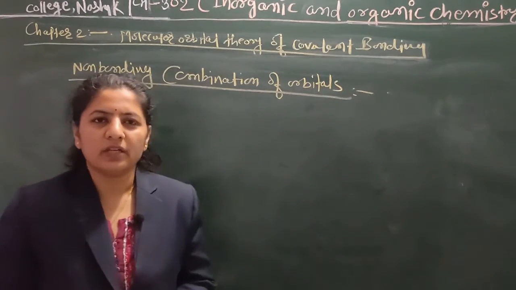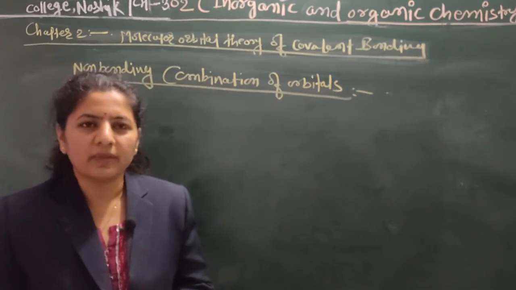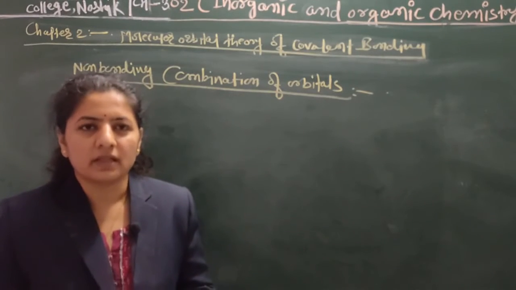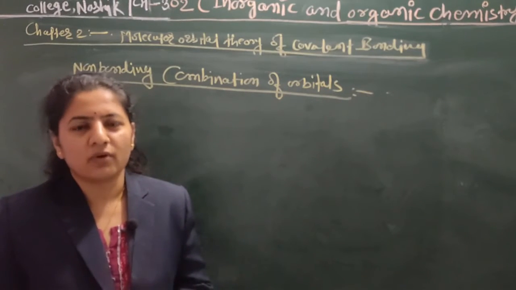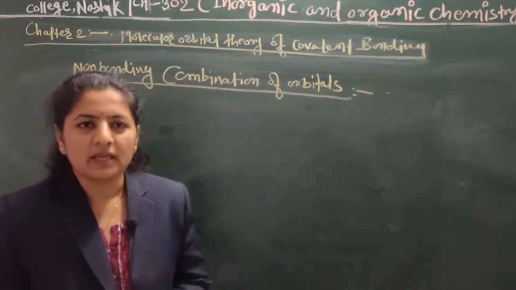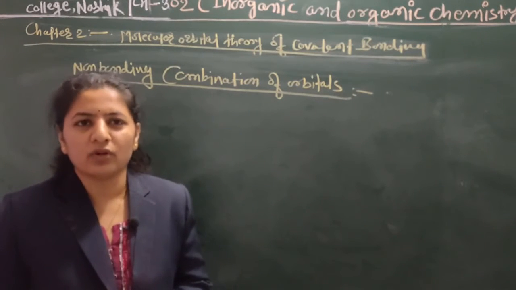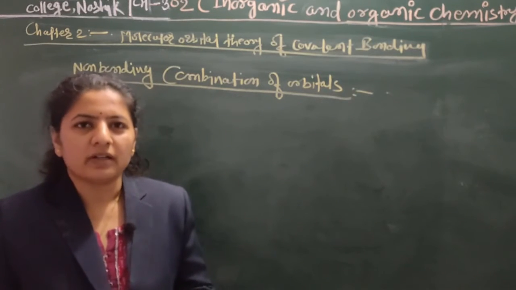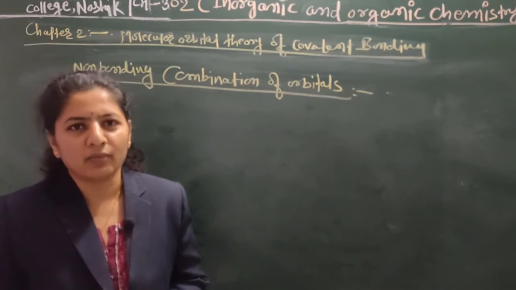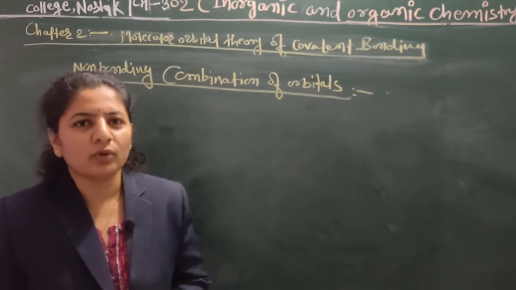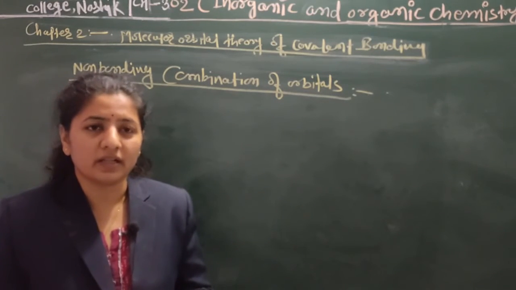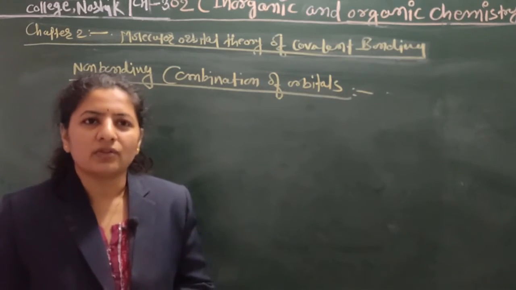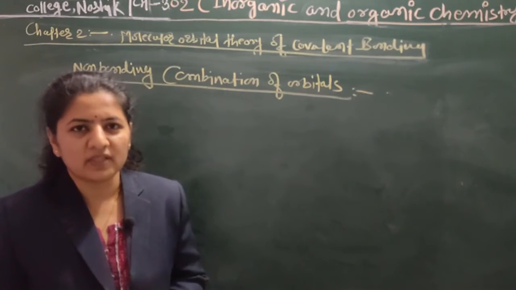Now we know that the combination and overlap of atomic orbitals results in the formation of bonding and antibonding molecular orbitals. The energy of the bonding molecular orbital is always less than that of the antibonding molecular orbital, which has greater energy. The electron density is concentrated in between the nuclei.